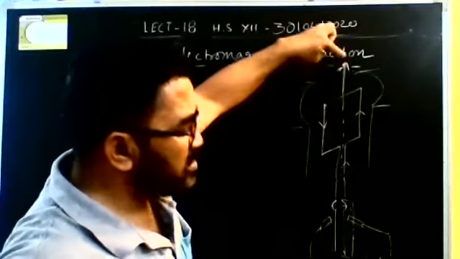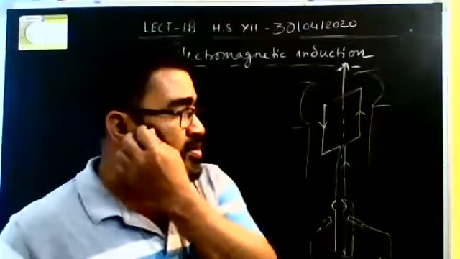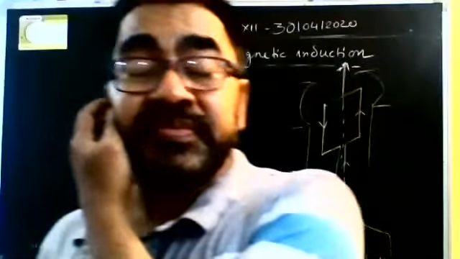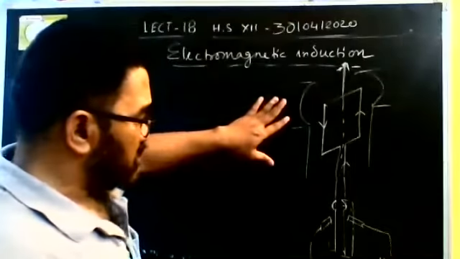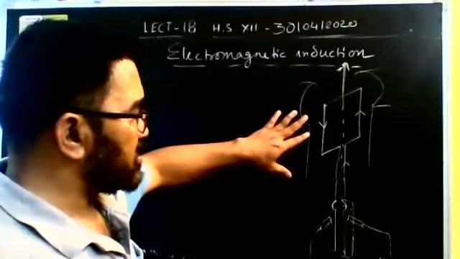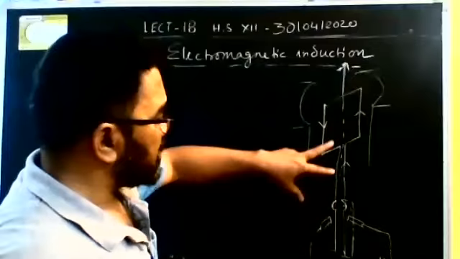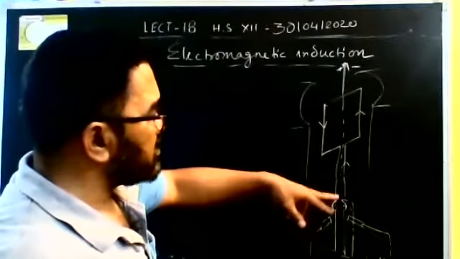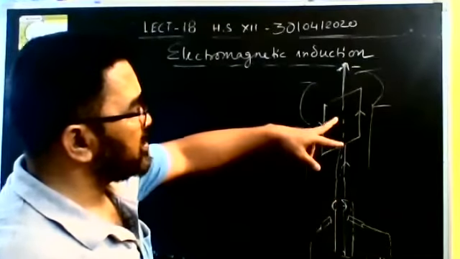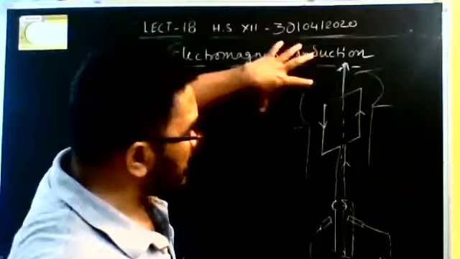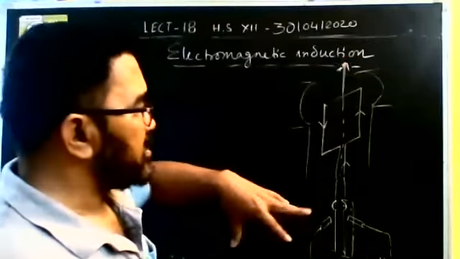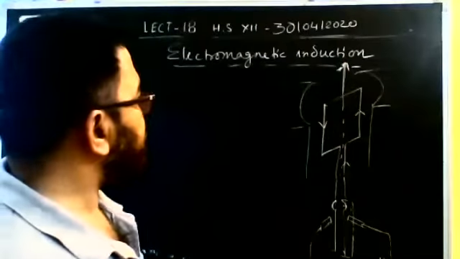Then when the axis rotates, it performs the action of an electric motor. So this is what we have observed from current passing through a coil placed within a magnetic field, and its effect on the coil.